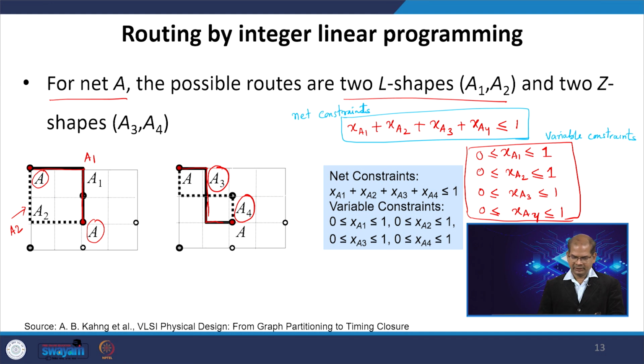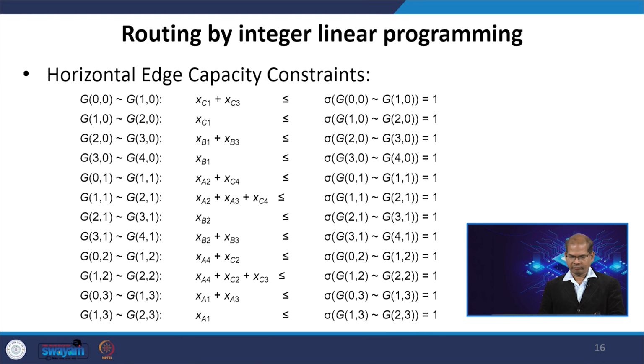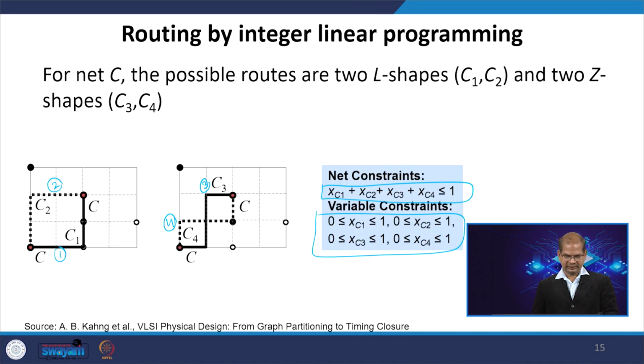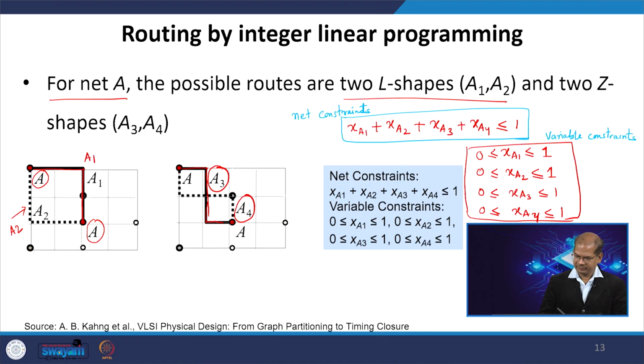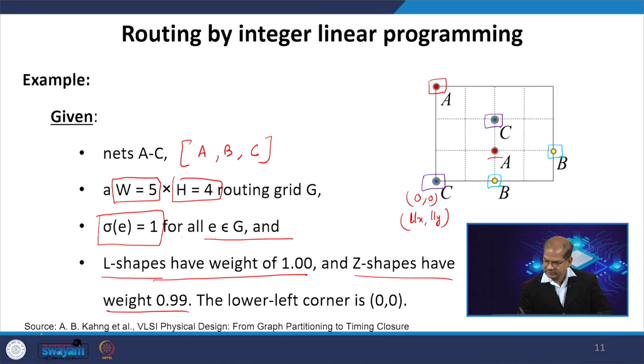These are my grids. If I go to this diagram, this will be 0 comma 0, this will be 1 comma 0, this will be 2 comma 0, and this will be 3 comma 0.